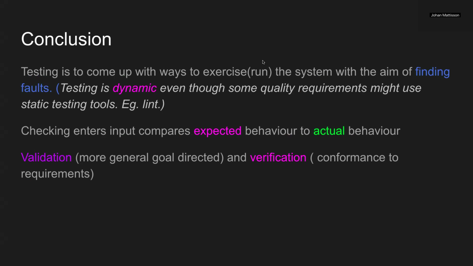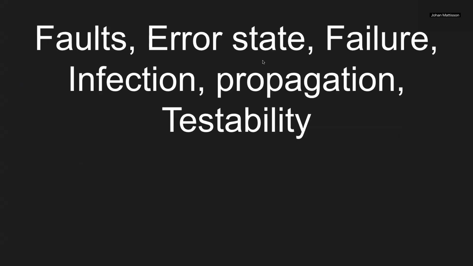Is the game fun? It's a good reminder. Is the game fun? How do you do it? It's hard to do verification for that, because it can vary. Verification, conformance to requirements, is stricter in that aspect. All right, so that was the first part.